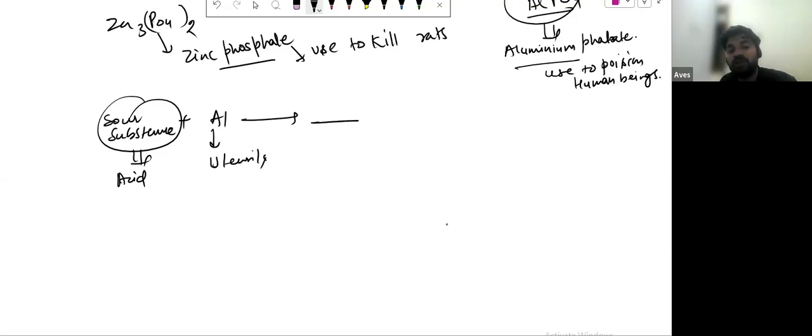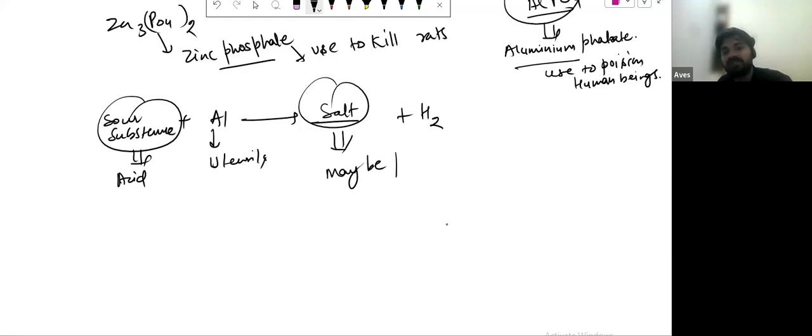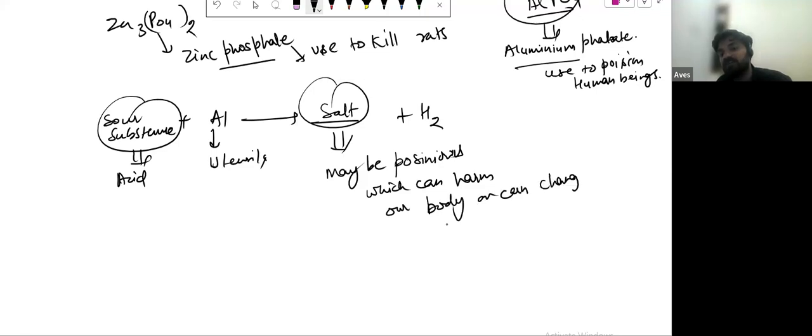They will form salt plus hydrogen gas, and this salt may be poisonous, which can harm our body, or can change the taste of food. Okay, you understood?